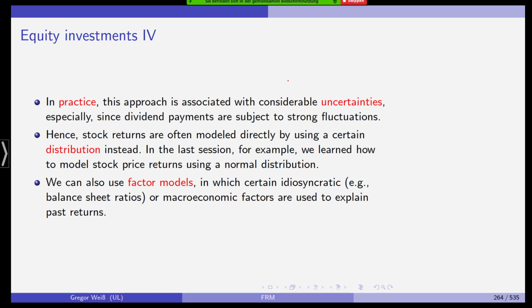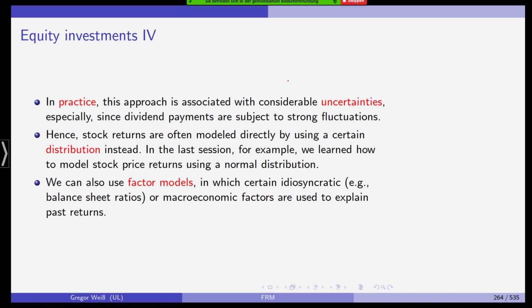And we've seen in the last couple of lectures how you can use, for example, a normal distribution to model the stock price returns. You can also use a factor model in which we have certain idiosyncratic or macroeconomic factors that explain past returns. You might have learned about this in the asset pricing class by Professor Schumacher.